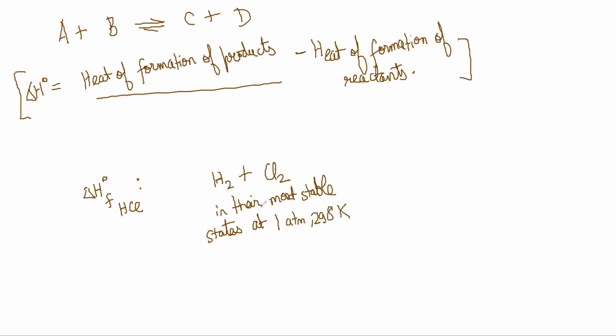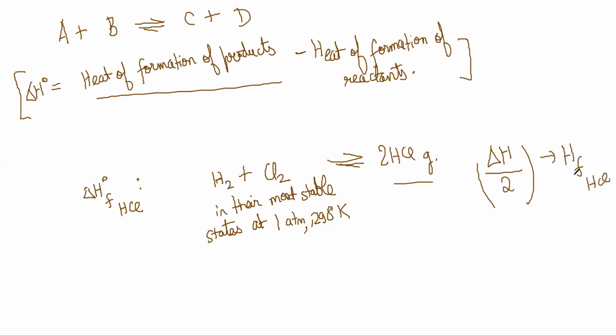If you have these in their most stable state at this temperature and pressure, and then they react to give 2 HCl gas, the amount of energy released divided by 2 is the heat of formation of HCl, because 2 moles were formed. So heat of formation is the amount of energy released when you form 1 mole of a compound from its constituent elements in their standard states, right?